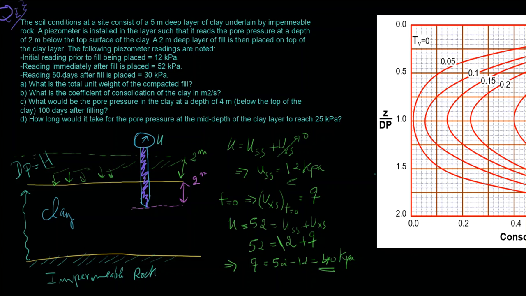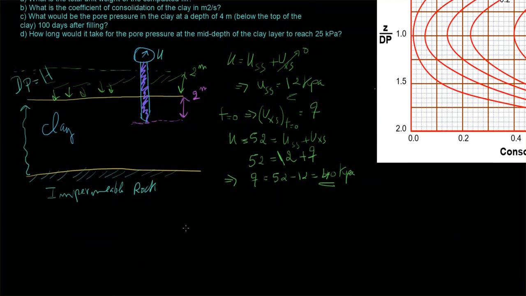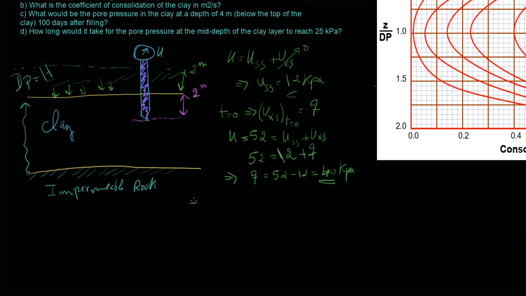Last reading is at 50 days, and we registered a pore water pressure of 30 kPa. So we registered at t equal to 50 days that my pore water pressure is 30 kPa.